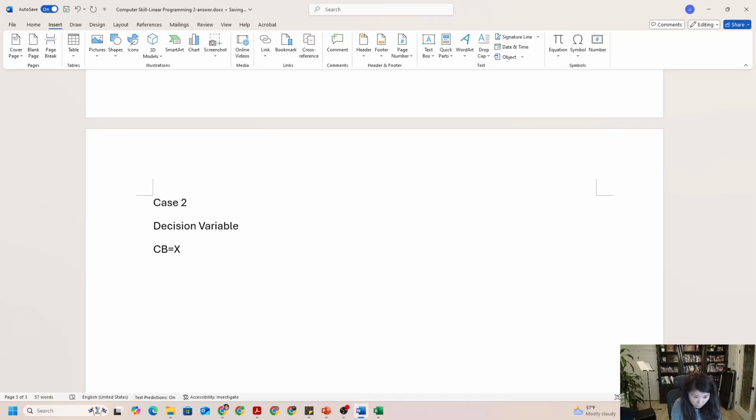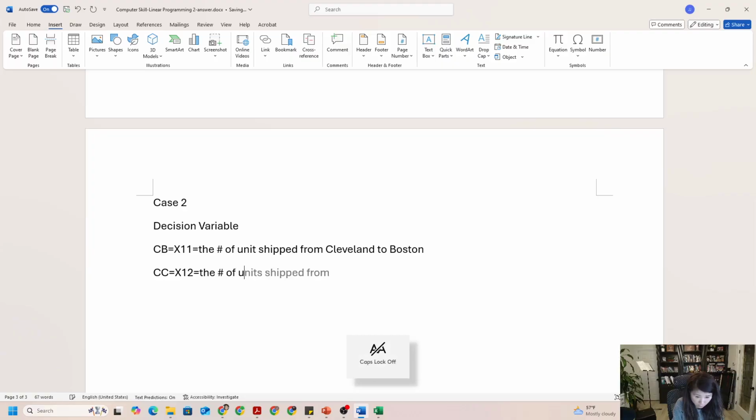X11. This represents the number of units shipped from Cleveland to Boston. Then CC is X12, the number of units shipped from Cleveland to Chicago.